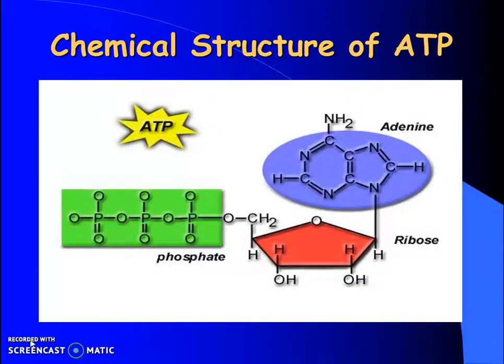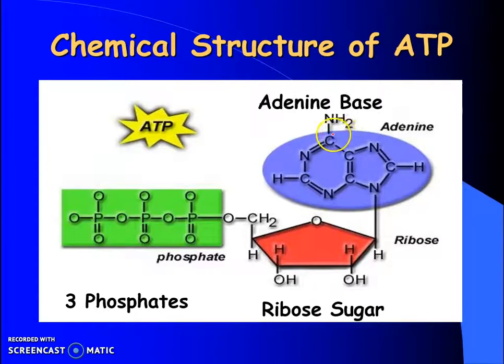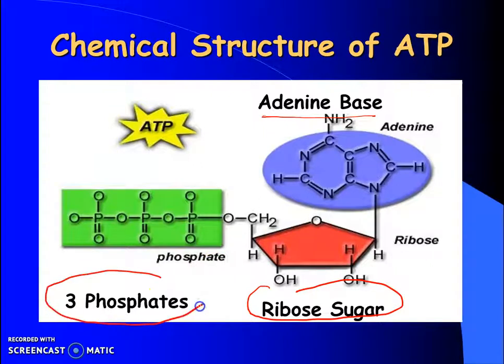As the name suggests, adenosine triphosphate, it has three parts. Starting with adenine, it has an adenine base and a ribose sugar, and there are three phosphates.